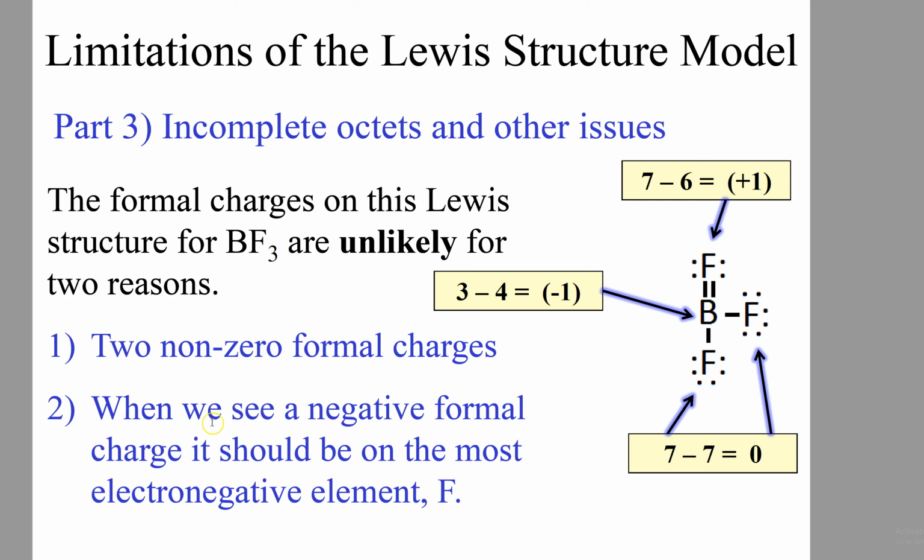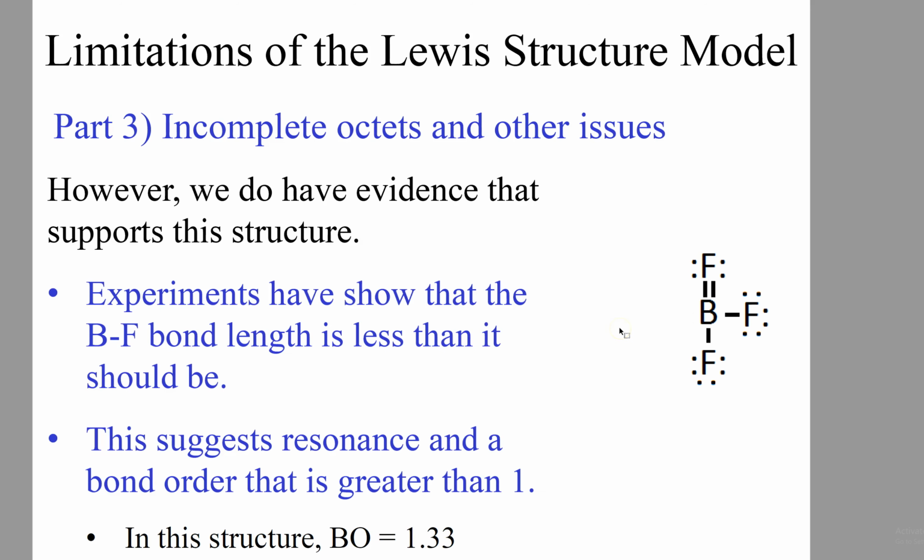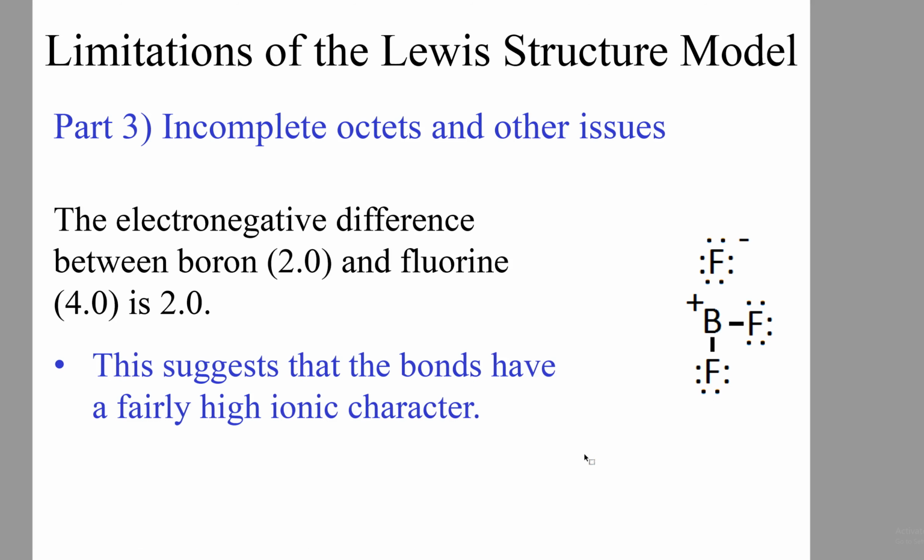So we see a negative formal charge, but it should be on the fluorine, not on the boron. And so that's the reason why we go back to the incomplete octets. There are other issues about this, but usually if you take a look at the experiments for boron trifluoride, they say that the BF bond length is less than it should be. This suggests that there is a resonance structure for boron, and usually the bond order is going to be greater than 1 in terms of the bond energy.